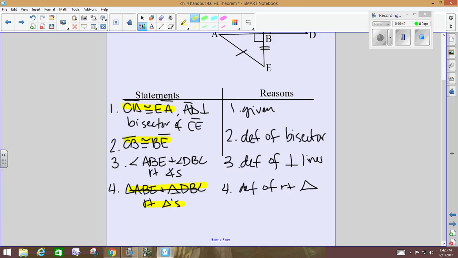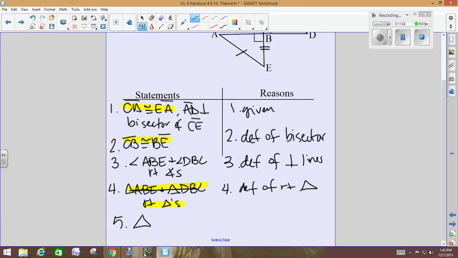I didn't mean to strike through it, I meant to highlight it. So we got the right angles because of the perpendicular lines. Then I can say I have right triangles because of the right angles. No, you have to tell me now that the triangles are congruent.